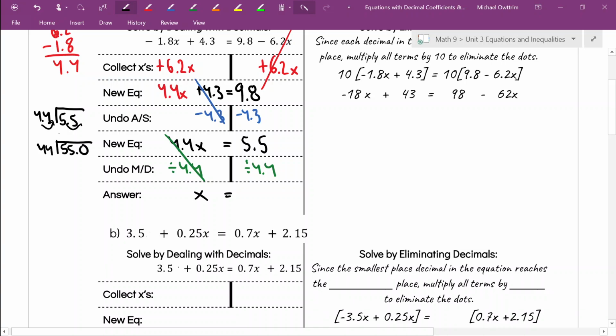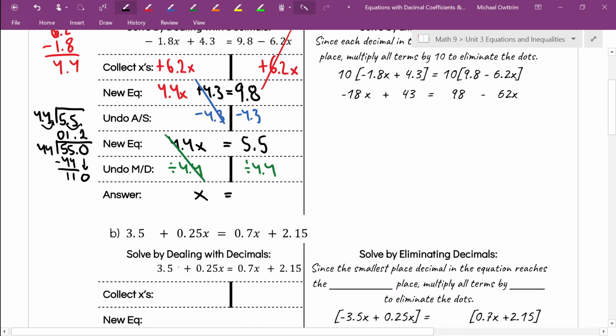Now 44 goes into 5 0 times, 44 goes into 55 1 time, which makes 44. Okay, and that's going to leave 11 of those 55 remaining. And we're going to bring down our 0. Now we want to know how many times does our 44 go into 110.